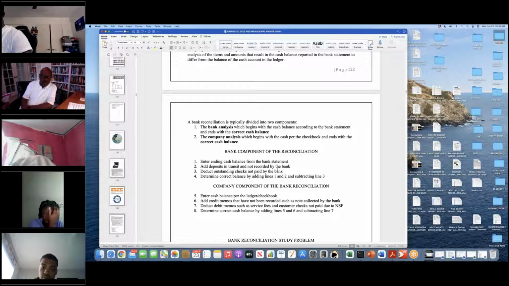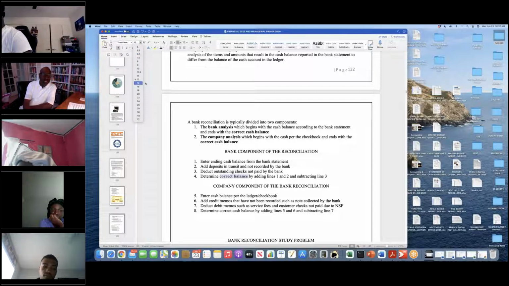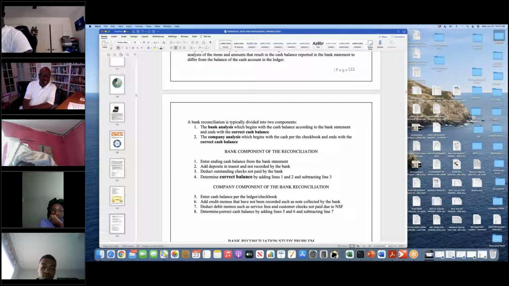So we're doing two reconciliations to get to the correct balance. Our goal is always to get to the correct cash balance.